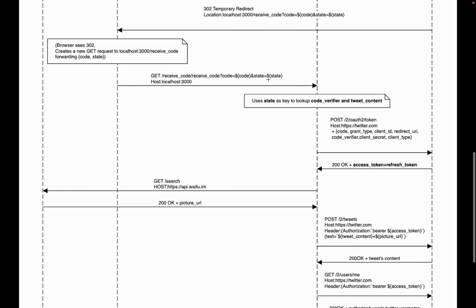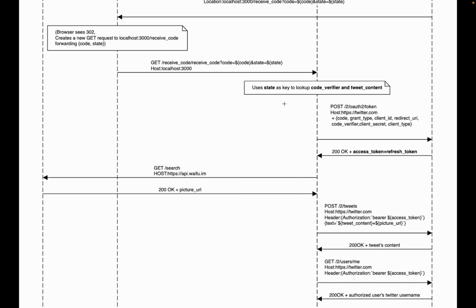The server will use the state to look up the array with the content we just saved to take out the code verifier and tweet contents.